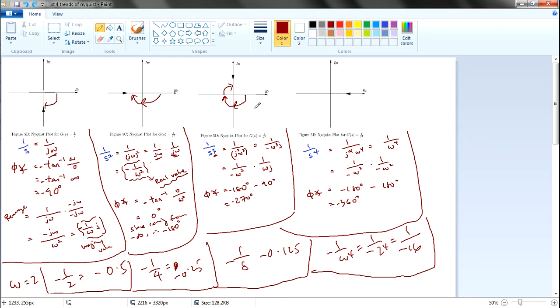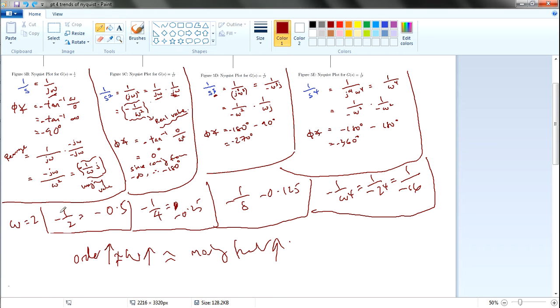And then I also talk about the magnitude. As the order increases, the magnitude becomes smaller. It shrinks faster. If you have a frequency of omega equals 2, in the first order I have 0.5 of a magnitude.